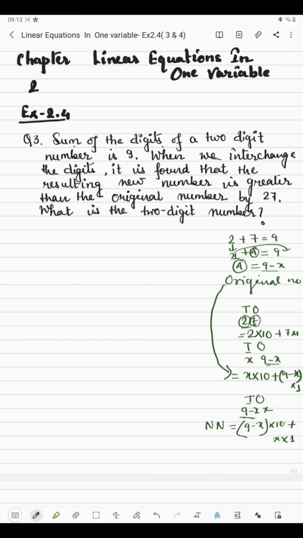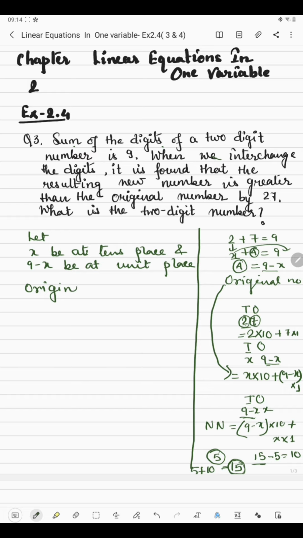So what will the original number be? 10 will be multiplied by x, as x is at the 10's place, and 9 minus x will be multiplied by 1, as it is at the unit place. So 10 into x is 10x, plus 9 minus x. Now 10x minus x is 9x, plus 9. So this is our original number.